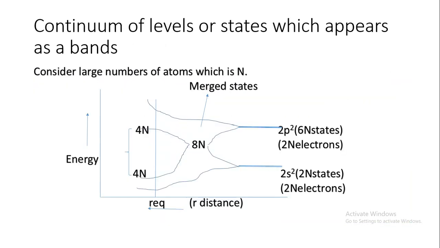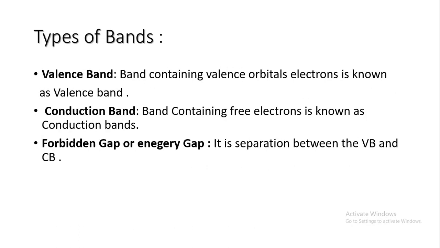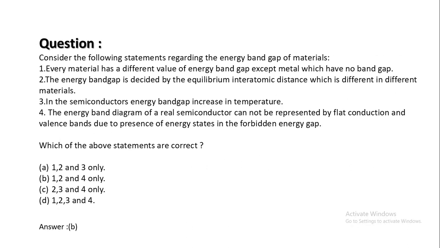So flat conduction and valence bands are not possible in a real semiconductor, due to the presence of energy states in the forbidden energy gap as well. You know energy states already. So which of the above statements are correct?